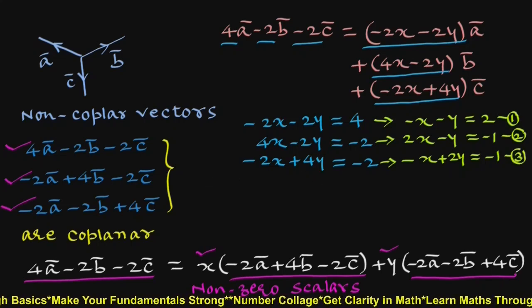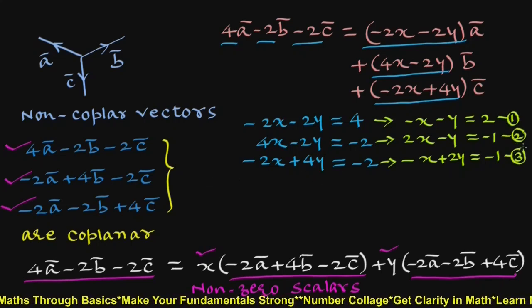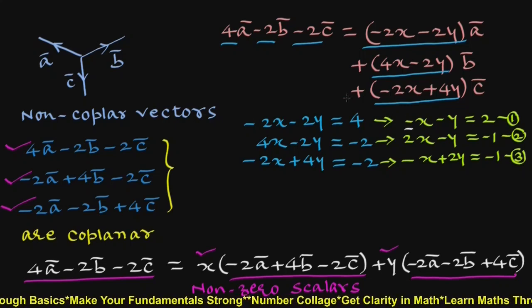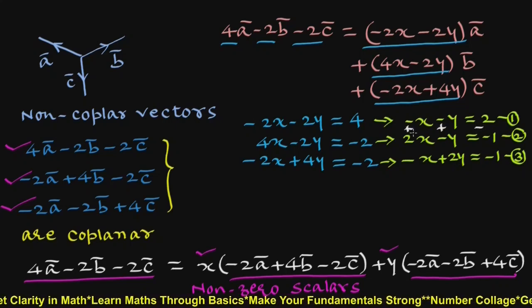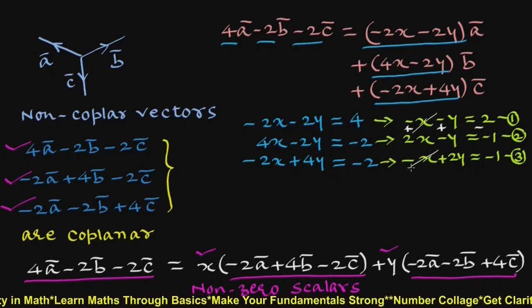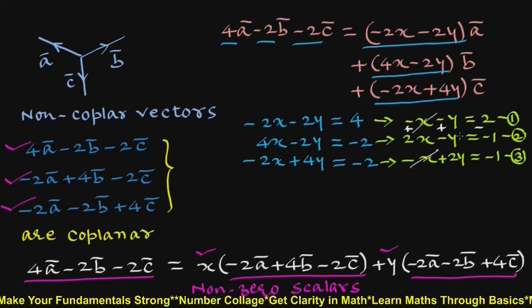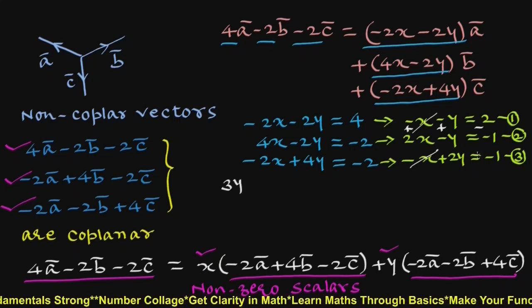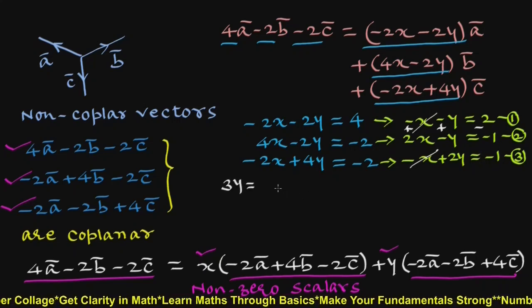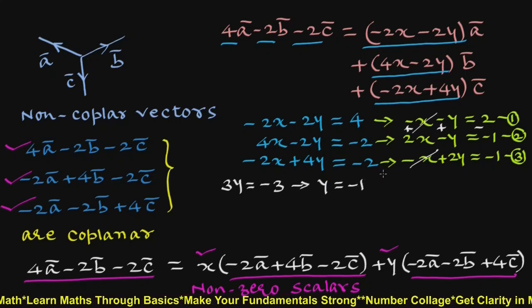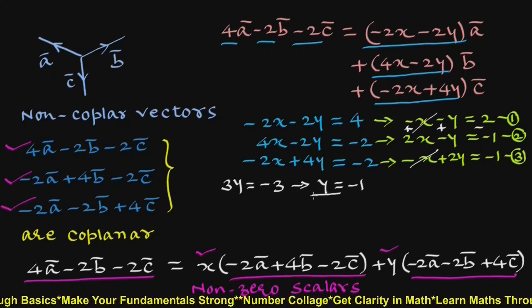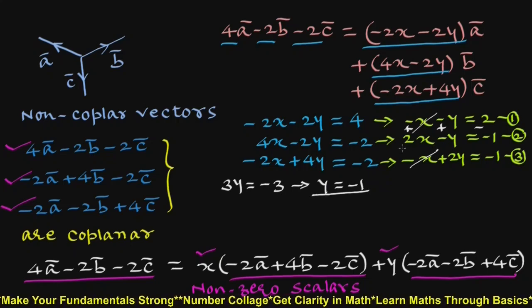We name them 1, 2 and 3. Now subtracting equation 1 from equation 3, we will change the signs. This will be plus, this will be plus and this minus. So x minus x will be 0 and 2y plus y will be 3y equals minus 1 minus 2, minus 3. That gives y equals minus 1. Now we substitute this y equals minus 1 in second equation.